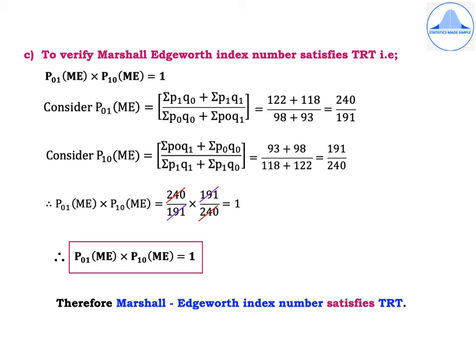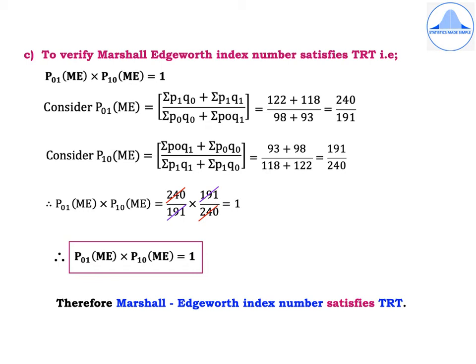Then consider P10 of ME, which is equal to summation P0 Q1 plus summation P0 Q0 divided by summation P1 Q1 plus summation P1 Q0, which is equal to 93 plus 98 divided by 118 plus 122, which is equal to 191 divided by 240.